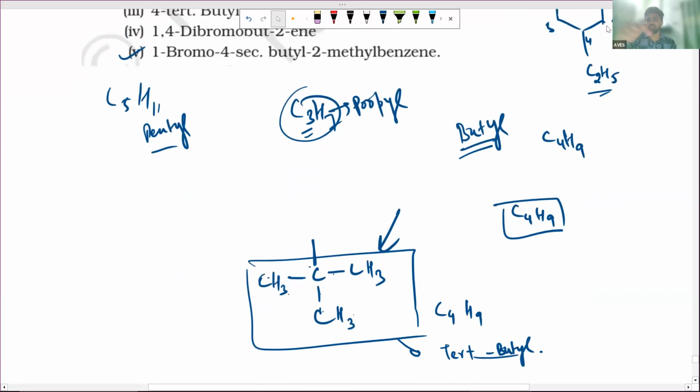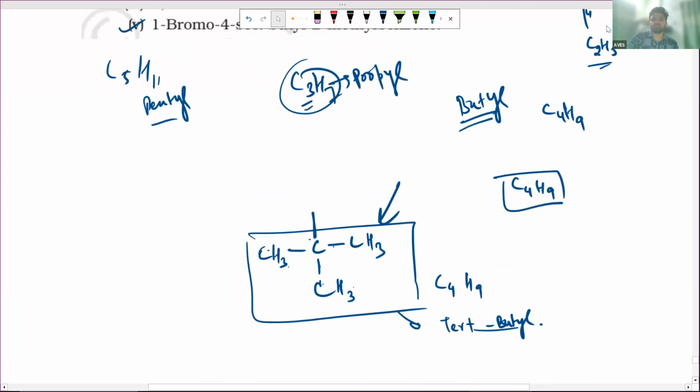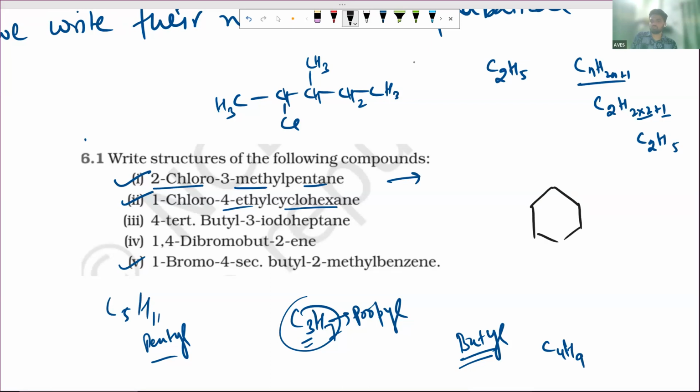So actually the main is benzene, the benzene ring. Let me draw it here. So it is benzene. If I start numbering this one, 1, 2, 3, 4, 5, 6.